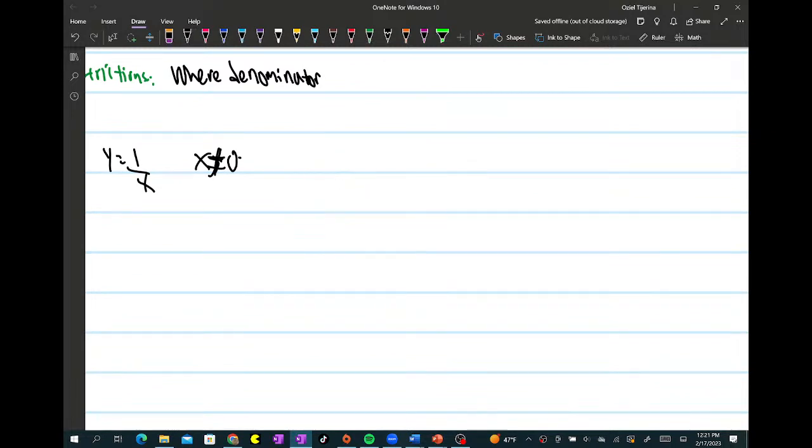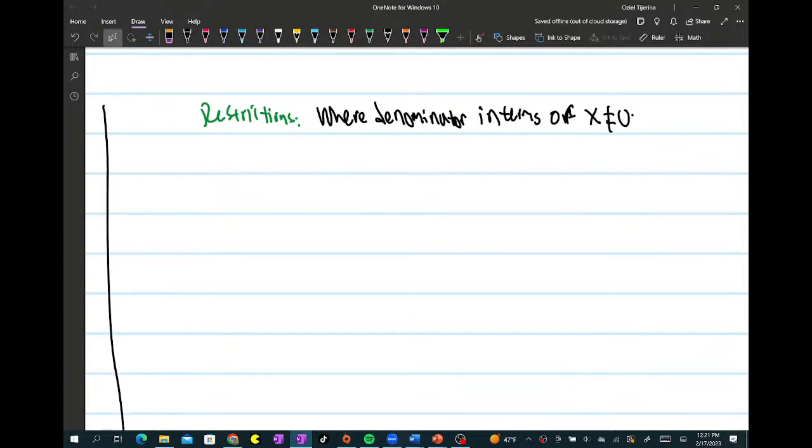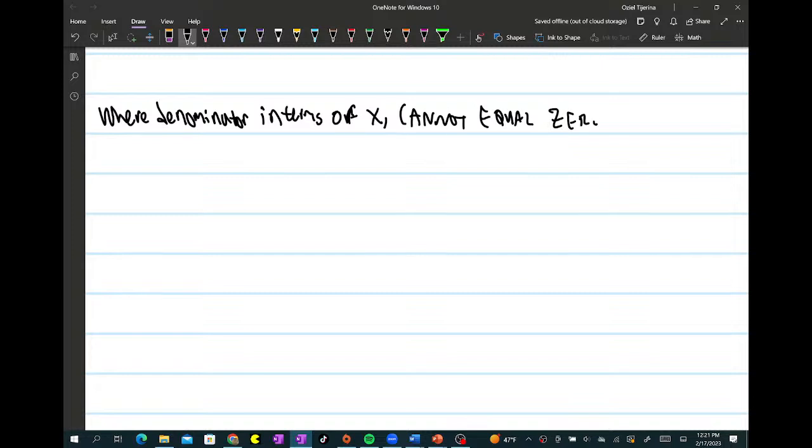It's where the denominator, in terms of x, cannot equal 0. Okay, I just want to make that very clear.